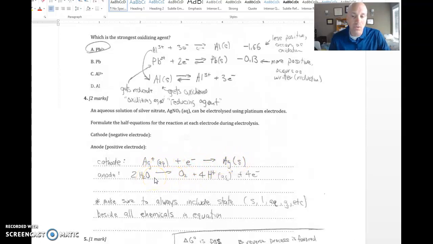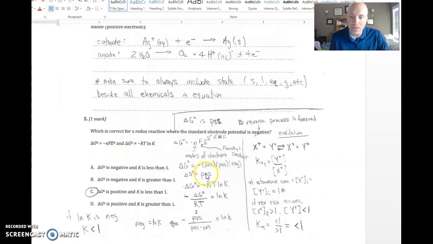So one bit of advice if you're taking an exam on this: before you turn your paper in, go back through all your final equations and make sure that those states are written. If you're doing things as scratch work to make up your decision, it's one thing. But in that final answer that's going to be graded, make sure that they are present. So I made a mistake by not putting those in there.